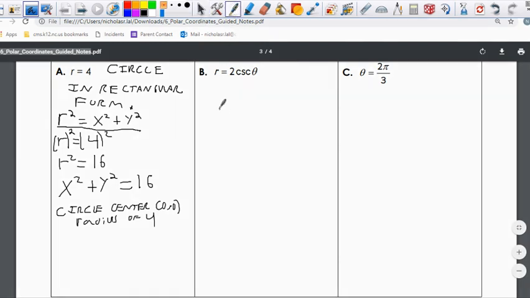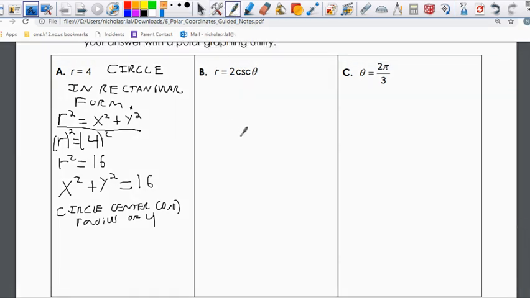Let's try B. r is equal to 2 times the cosecant of theta. So we can rewrite this as r is equal to 2 times 1 over the sine of theta. That means r is equal to 2 over the sine of theta.